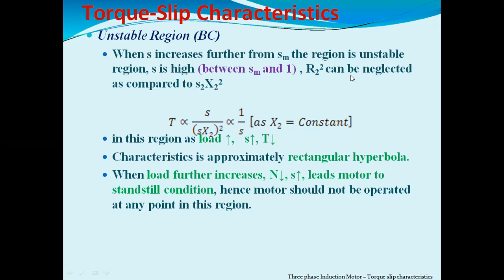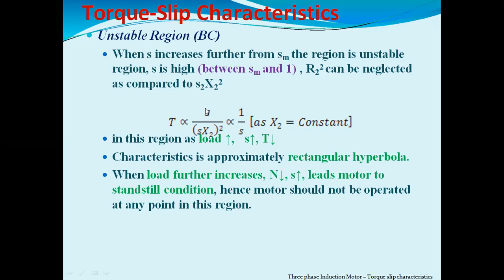At that time we can neglect R2 square as compared to S2 X2 square. In the stable region we neglected S2 X2, and here we are neglecting R2. Here we are considering S2 X2.